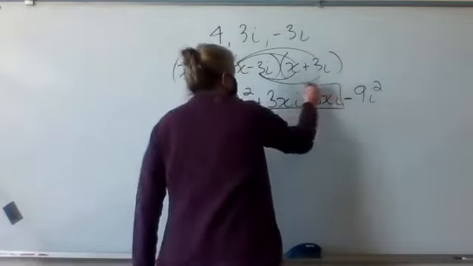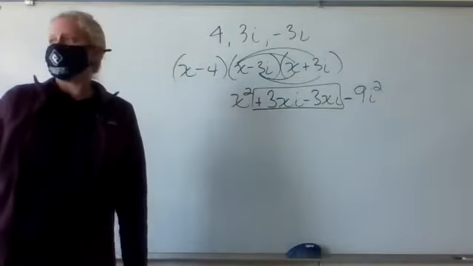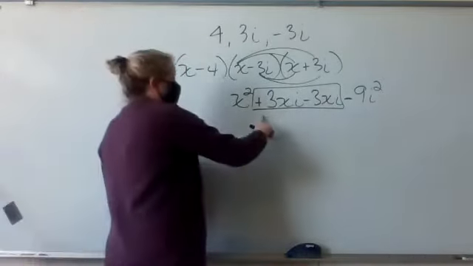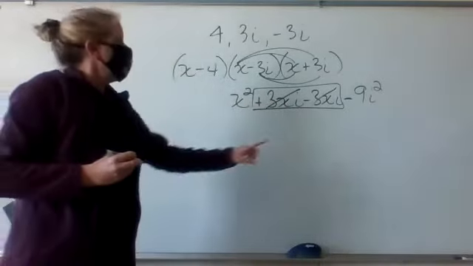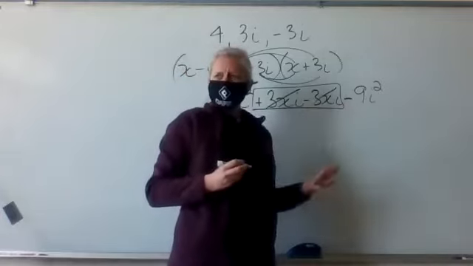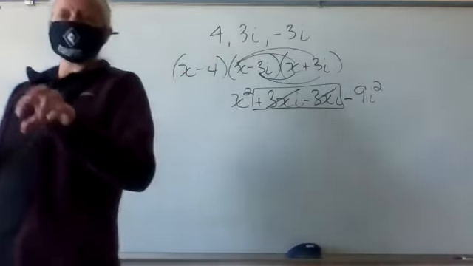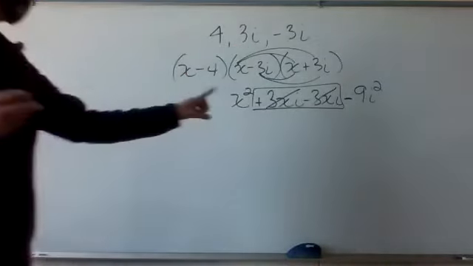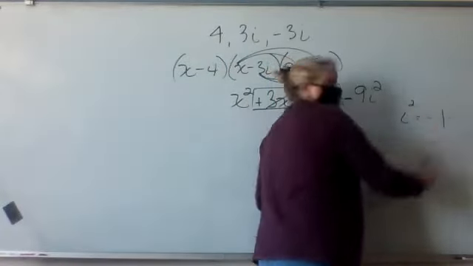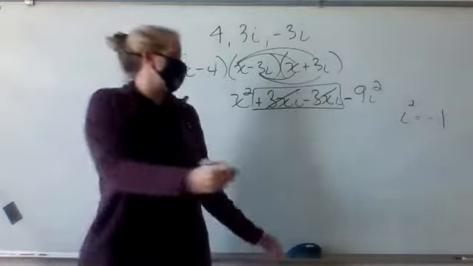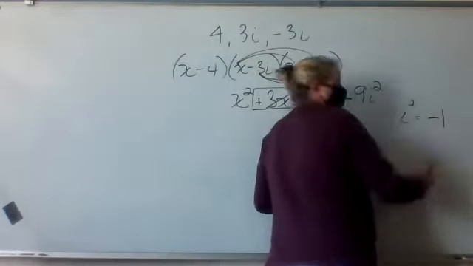Now, look how nicely this cleans up. First of all, what happens to those? They just cancel each other out, right? Because you have a positive 3xi and a negative 3xi. Now, I can't remember if we talked about this in college algebra yet. Anytime you have an i squared, it is always equal to -1.